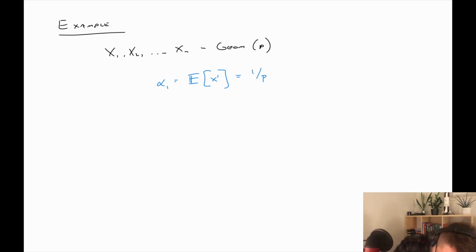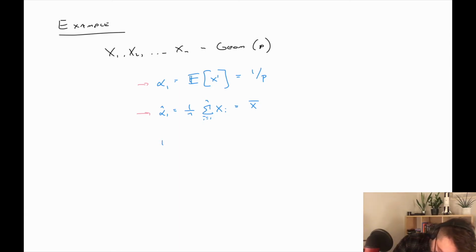Okay, and then the first sample moment is just by definition something like this, which we often simply notate as x bar, maybe x bar sub n. All right, well, then what do we do? We want to equate this with this.